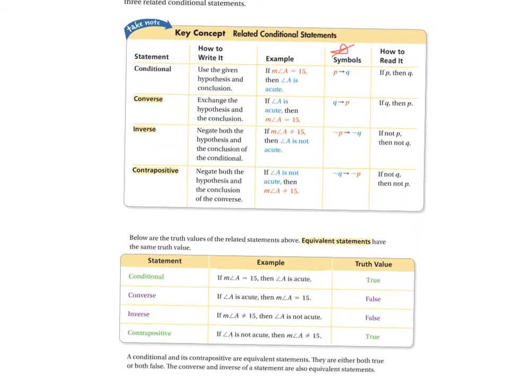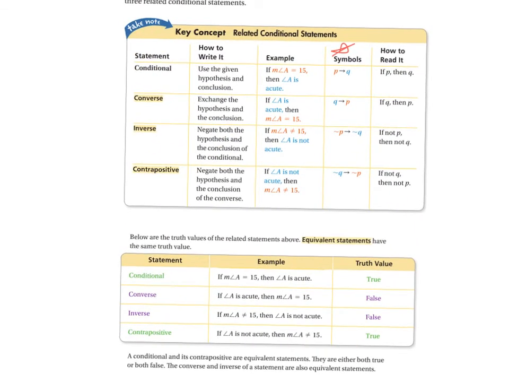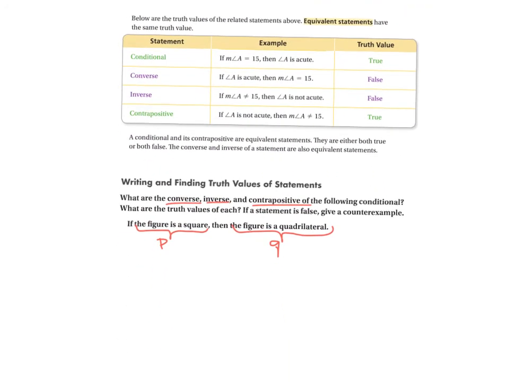So let's see. Converse is when you switch them, so if Q, then P. We need to switch the Q and P. So it would be, if the figure is a quadrilateral, comma, then it's a square.